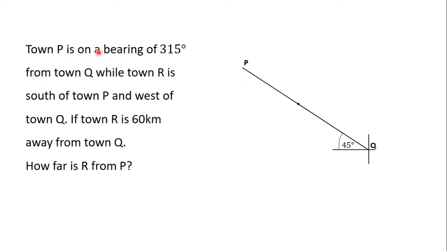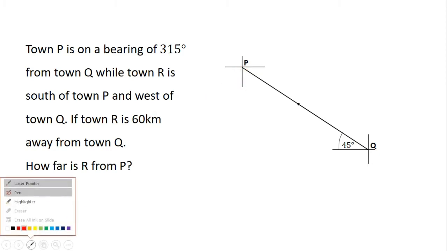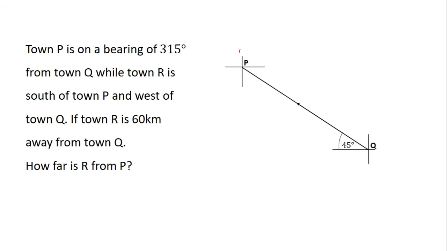Town P is on the bearing of 315 degrees from Q, while town R, so here there's another town called town R, is south of town P. So if here is town P and we draw our little XY coordinate on it, we know that this side will be our north, here will be west, here is east, and here is south.